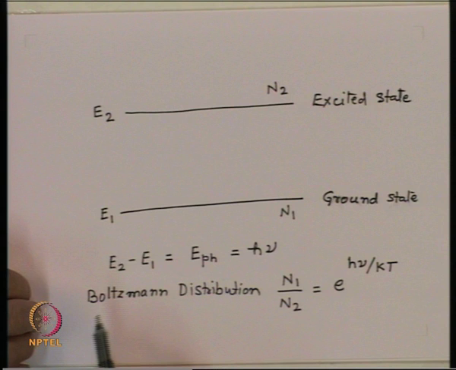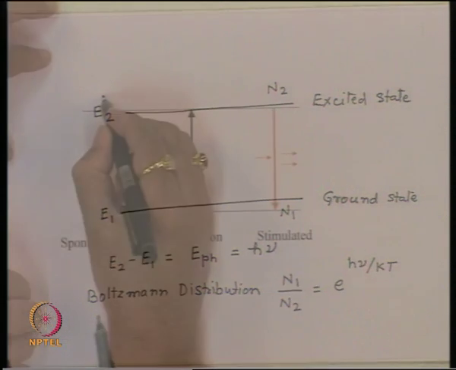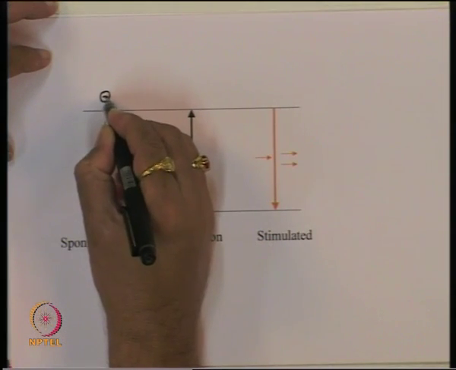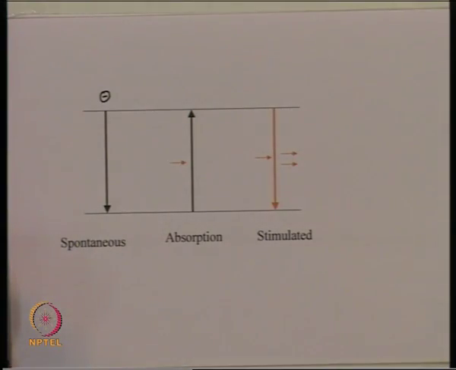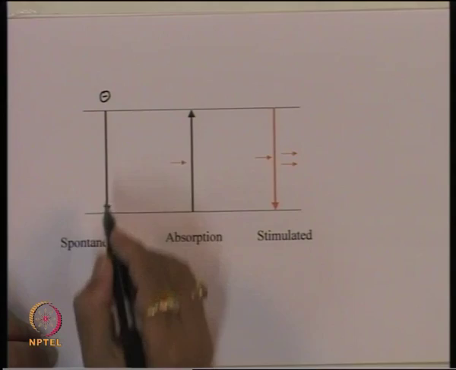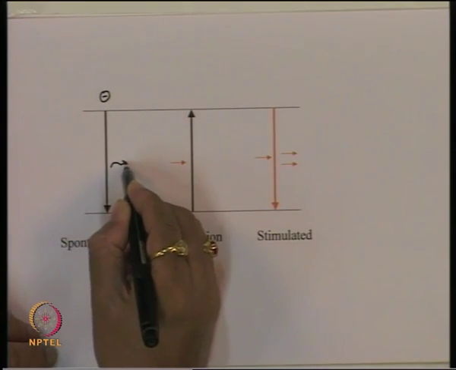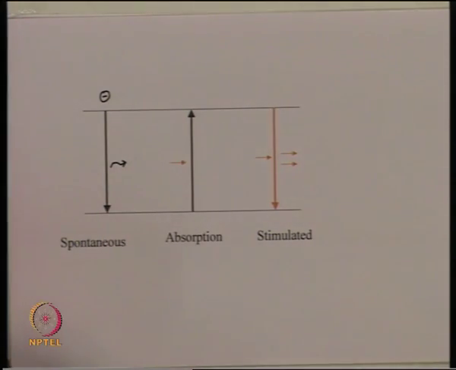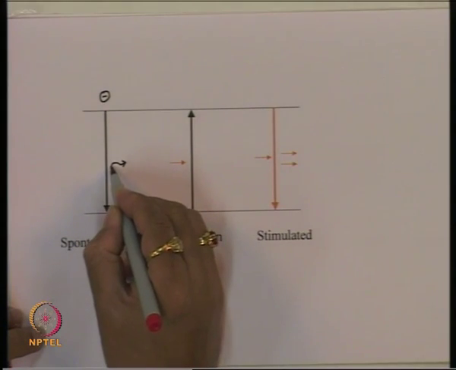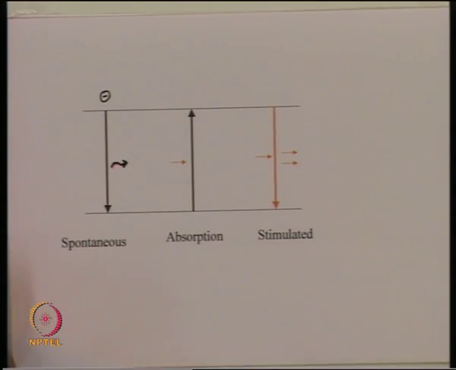So, if the electron is in the excited state, which is here, then naturally it has a tendency to relax to the ground state, and when this transition takes place, a photon is released in this process.